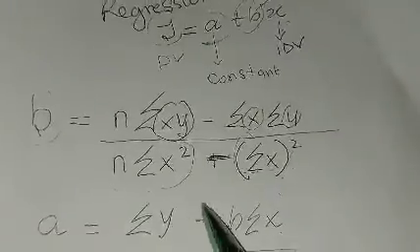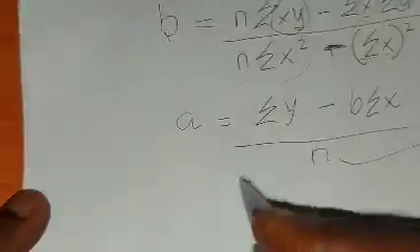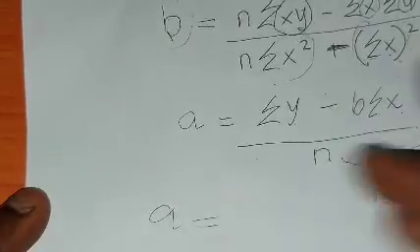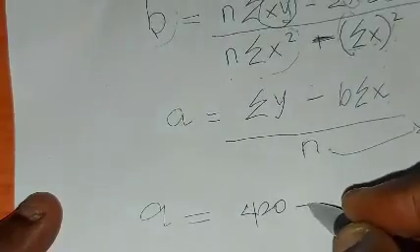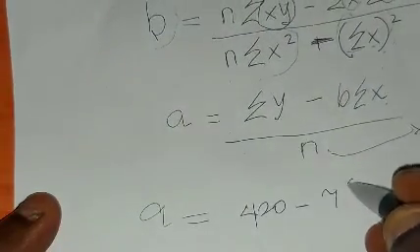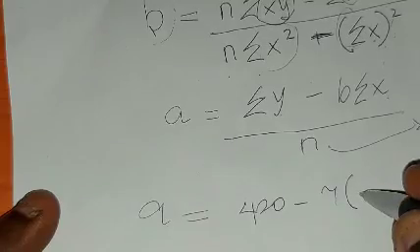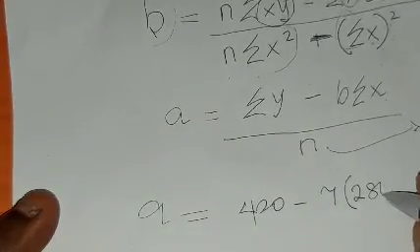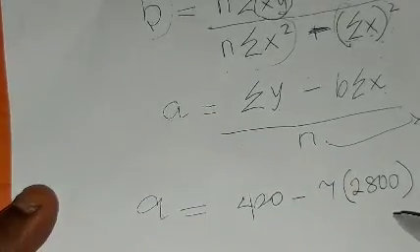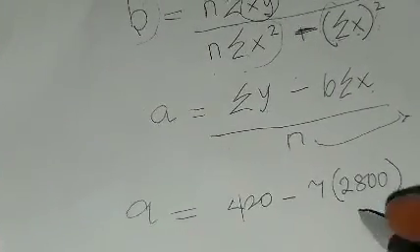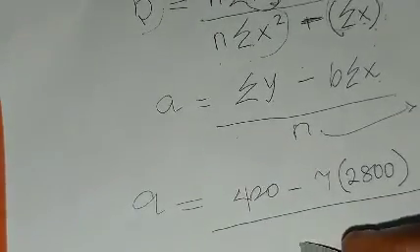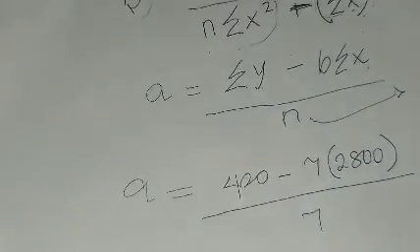Then you substitute for b in the formula for a. So a is summation y, which is 420, minus b multiplied by summation x, which is 2800, all over 7.